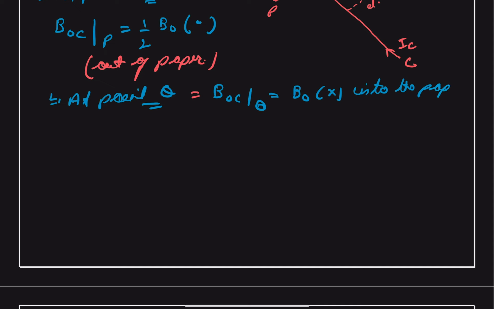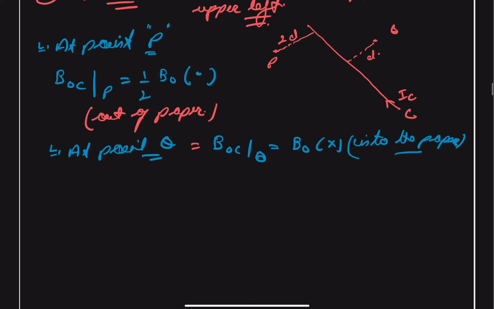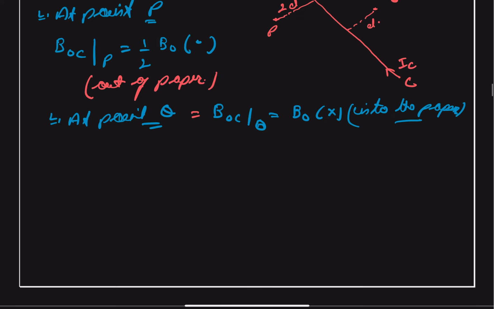So we found out all the magnetic fields with respect to the currents. Herein, to find out the magnetic field because of rod C, the current is given as IC, but we assume that this value of current is equal to I naught. Later on we are going to verify whether this assumption is correct or not, along with the direction also.